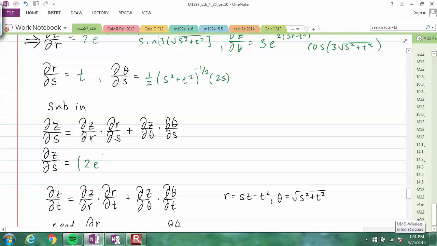Our original derivative that we found up above with respect to s and t, plug those in. We had the following junk. So much stuff. And then we just had the t from the partial of r with respect to s.